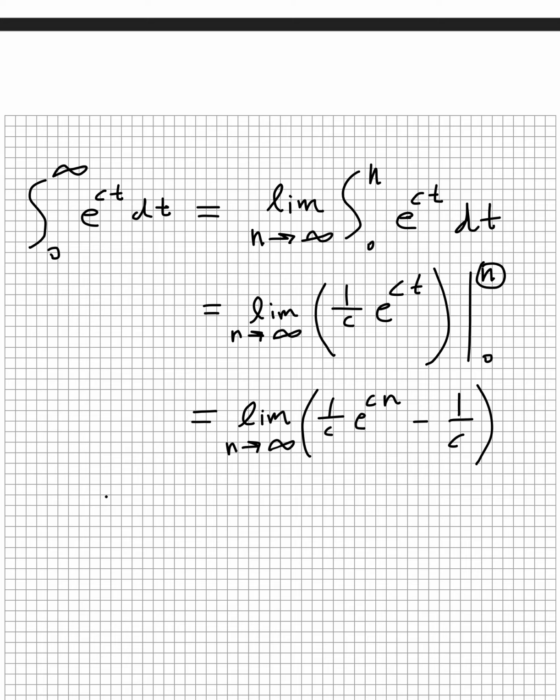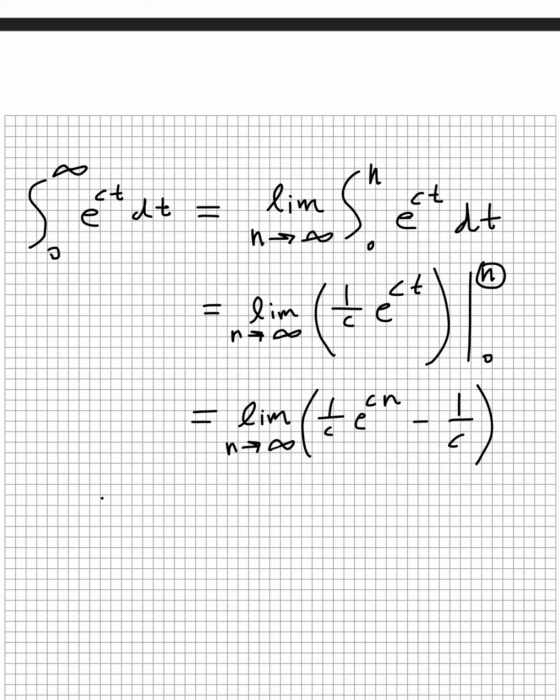At this point, we have to be careful. The value of c will influence our answer, and we've already assumed that the value of c was non-zero. But now we need to worry about the sign of c. If c was positive, the exponential will go on to infinity. On the other hand, if c is negative, the exponential will go to 0, correct? So the integral is only convergent, in other words, the limit exists and is finite, which is necessary for Laplace transforms, provided that c is less than 0.